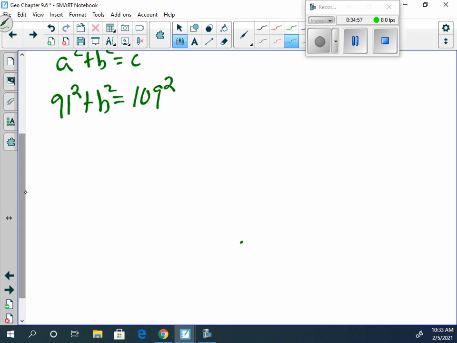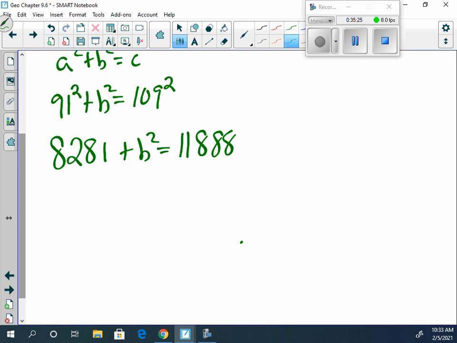91 squared is 8,281. This one's going to be even bigger. So what is 109 squared? 11,881.